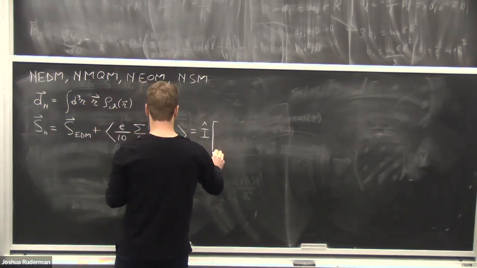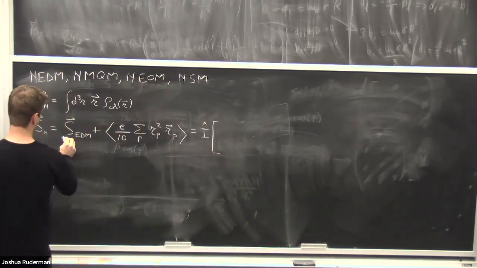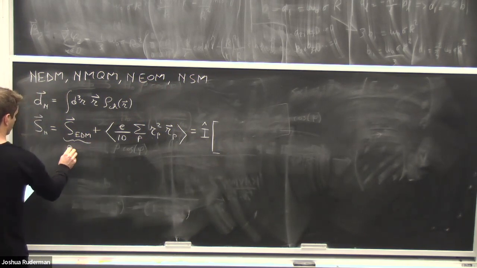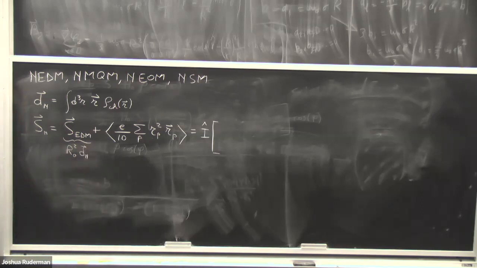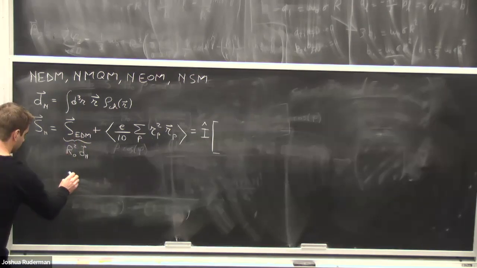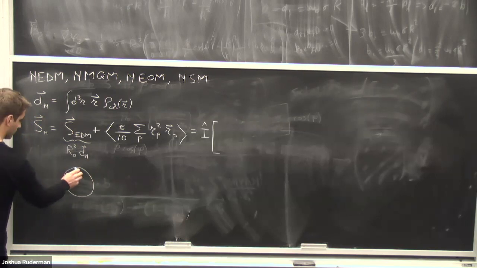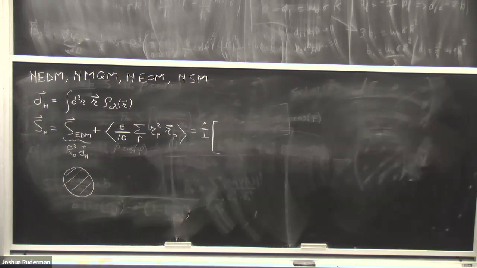And if you compute what this is in the end, it has to point along the nuclear spin, and roughly you get that it's the nuclear size times the electric dipole moment of the valence nucleon. What you can think of is that you have some core nucleons. Let's say you have helium-3, right?